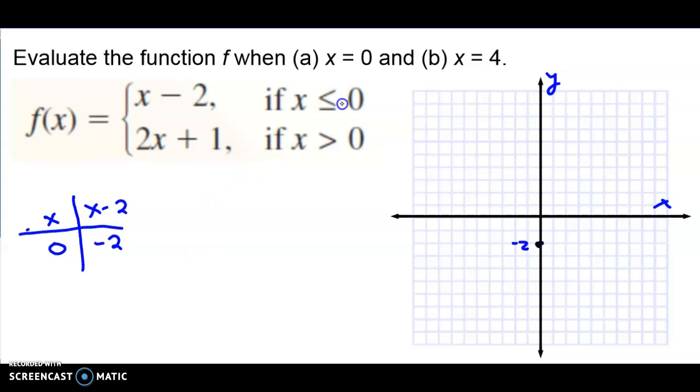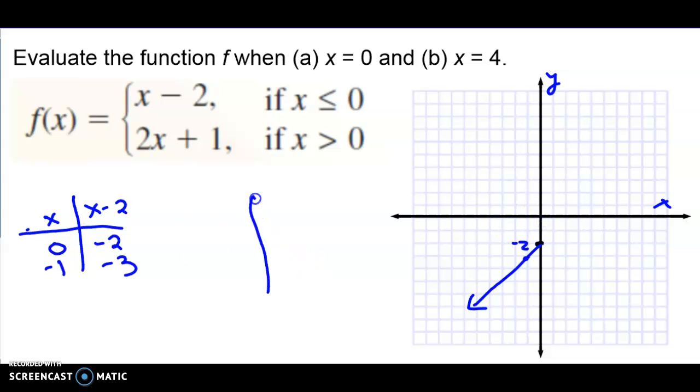Now substitute another point included in the first domain. Use any number less than 0, let's say -1. So when x is -1, -1 minus 2 is -3. So when x is -1, go down to -3. So your line goes that way.